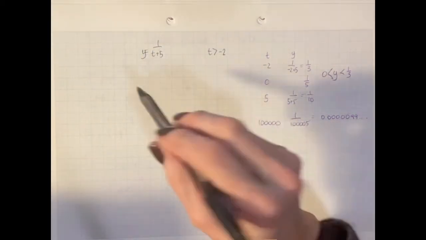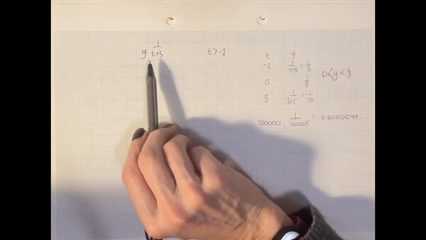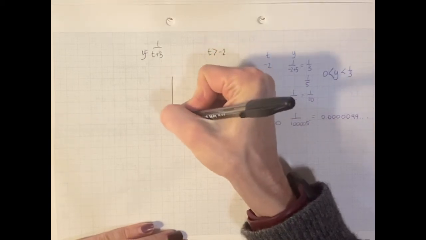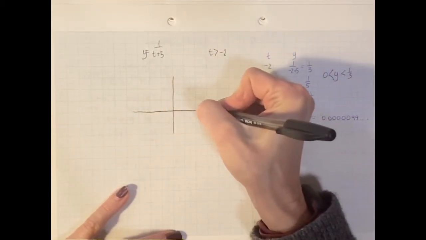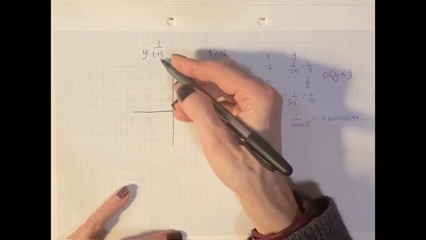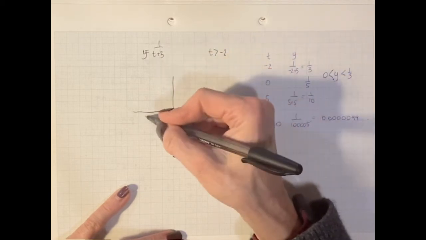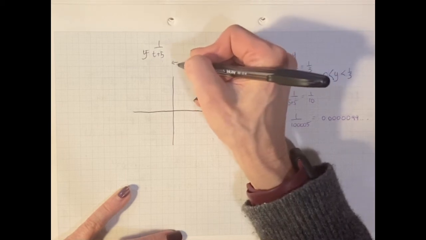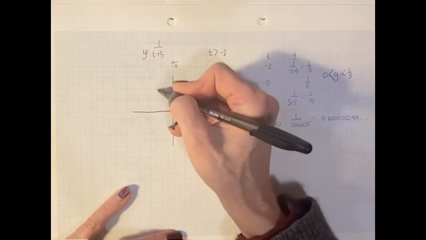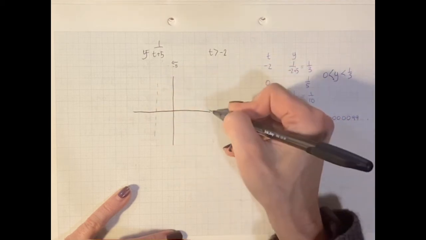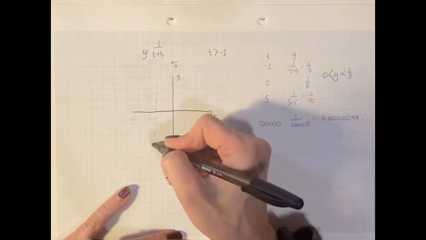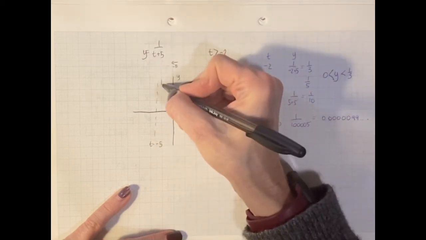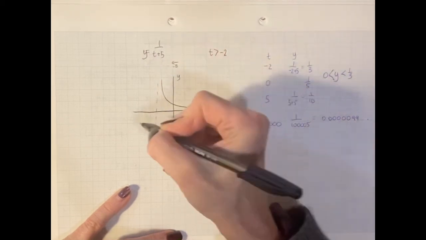But like I said, it's always a good idea to sketch this reciprocal graph, because it's not a difficult graph to sketch. So it's just 1 over t shifted 5 left. Okay, so -5. So let's put this value. We remember this is t's and y's here, so t is equal to -5, and it's just a normal reciprocal graph with 2 branches.